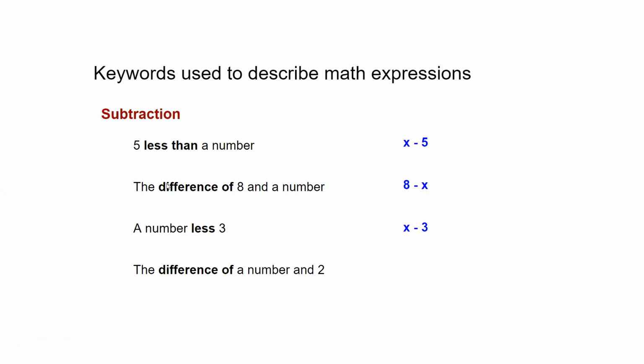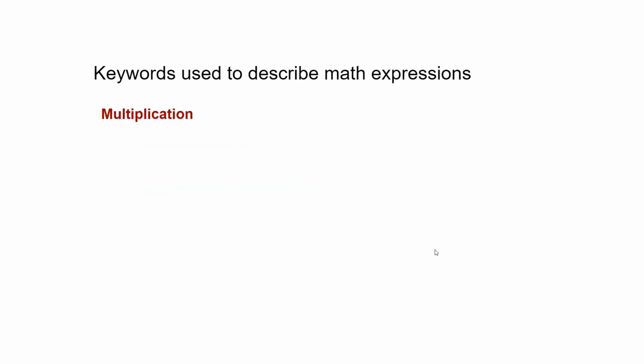Notice that this is very similar to the second statement up here, but in this case, a number comes before the value of 2. So in this case, the X is going to come first. We're going to take these in order. The difference of X and 2. X minus 2.